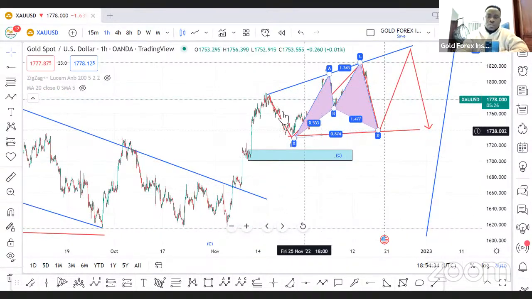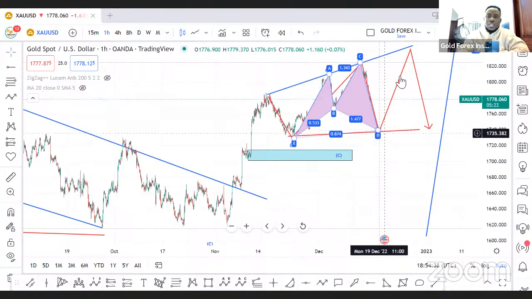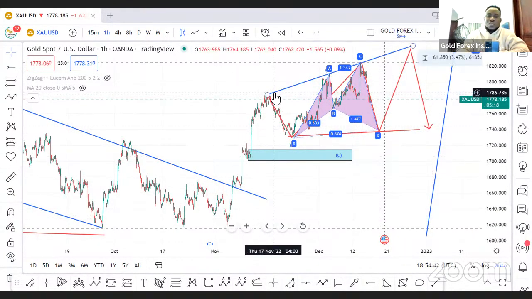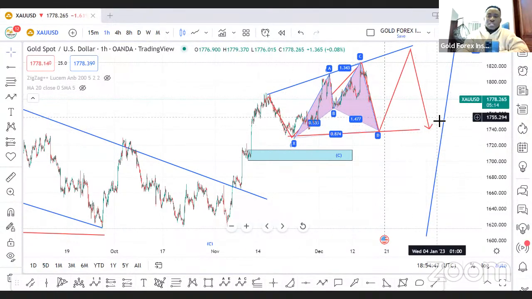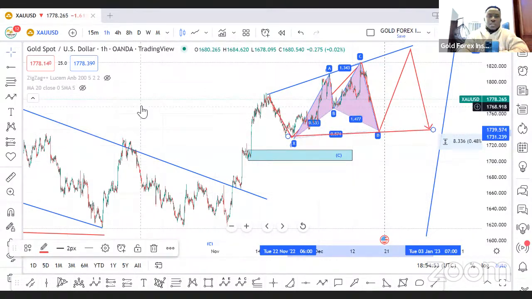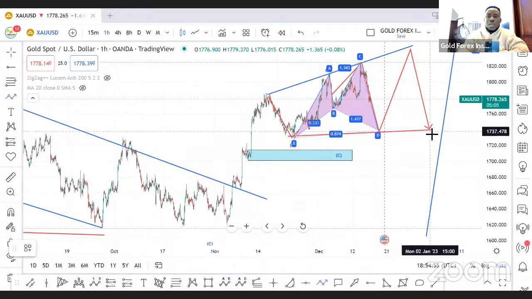You see? So maybe this one there, A, B, C, D, E. So this would be an impulsive move. Then maybe a correction. But this one is forming an expanded correction, and another impulsive move.